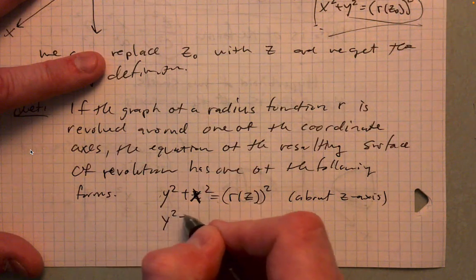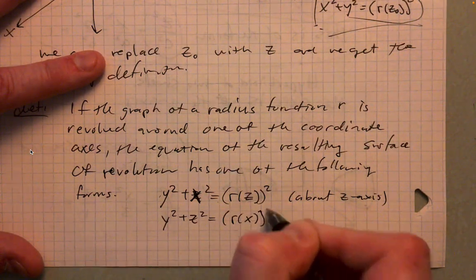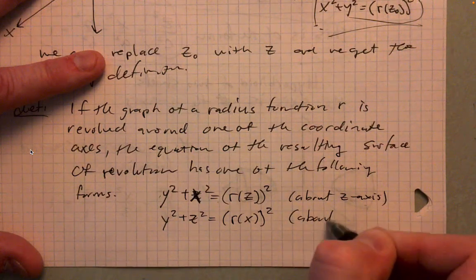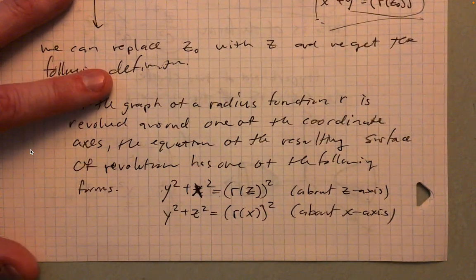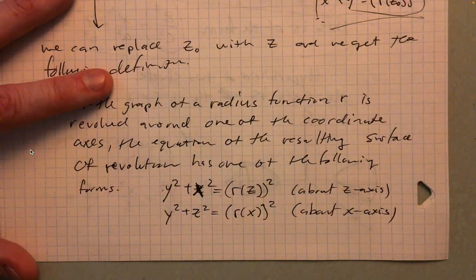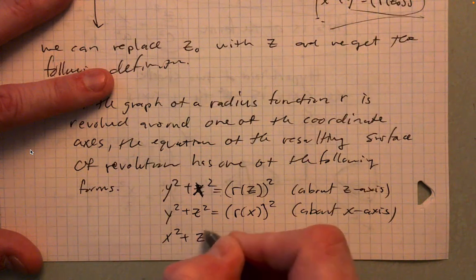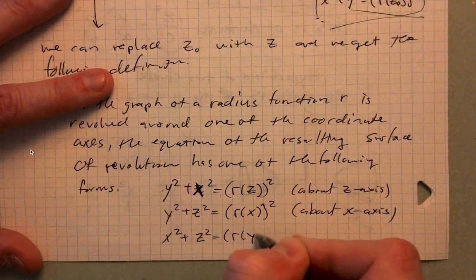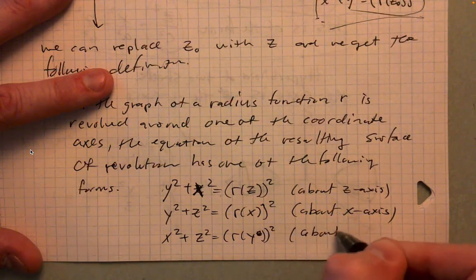Then it'll be y squared plus z squared equals r of x squared. This is about the x-axis. And what if it's rotated about the y-axis? Then it's just x squared plus z squared equals r of y squared. This is about the y-axis.